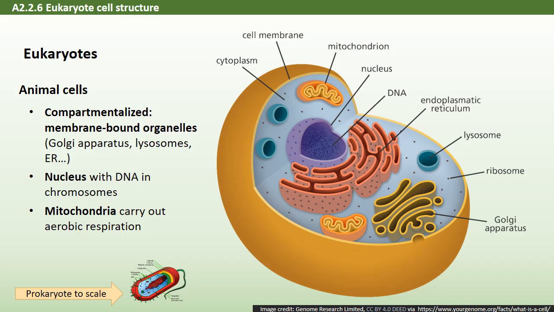Eukaryotes have mitochondria. They carry out aerobic respiration. That's respiration using oxygen. Eukaryotes have 80S ribosomes to make protein. And again, the point here is that it's different from the ribosomes in the prokaryotes.